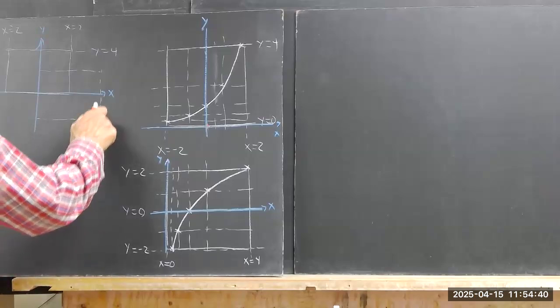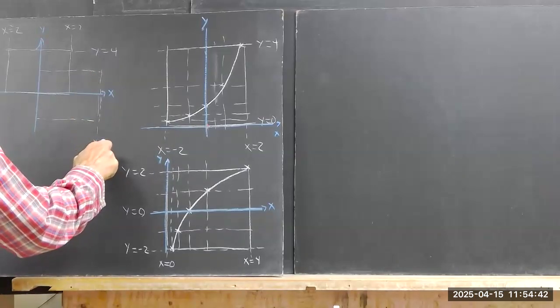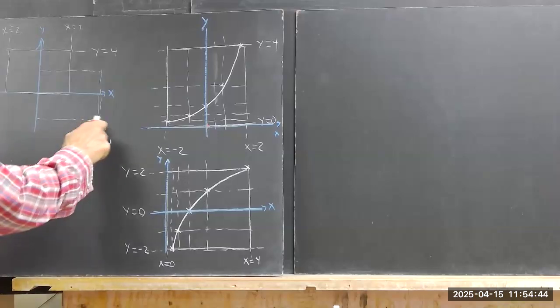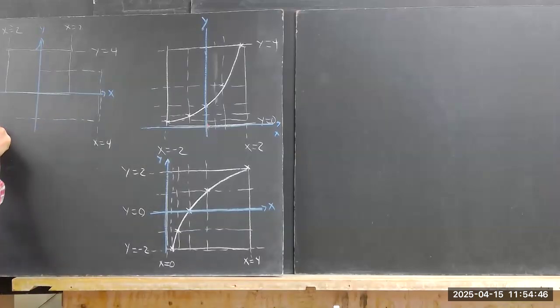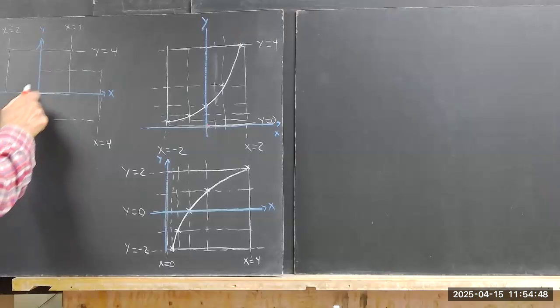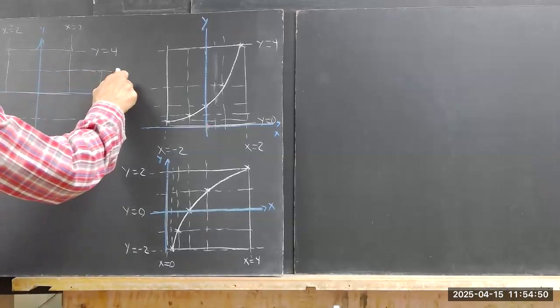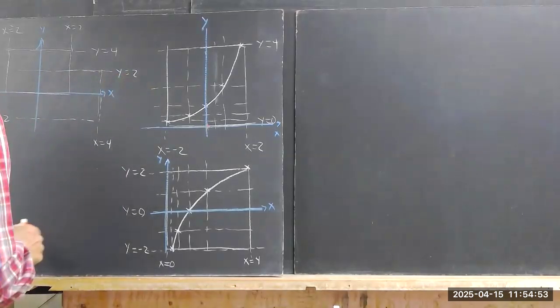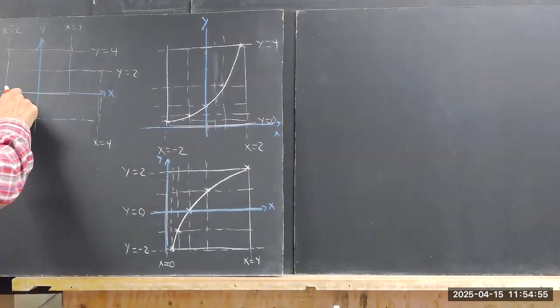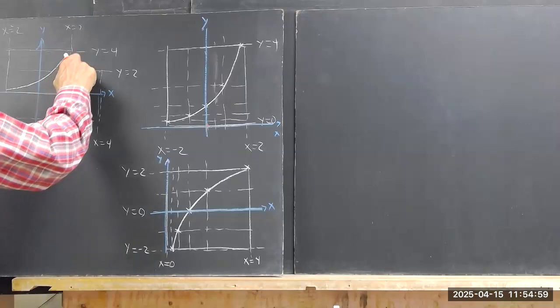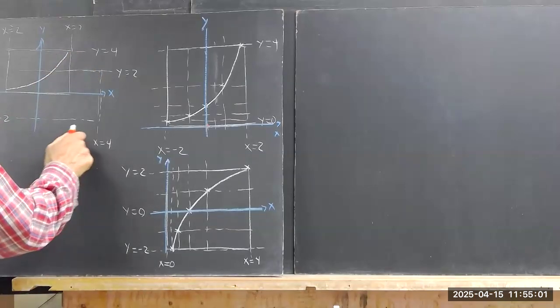And this line is x equals 4. This line is y equals -2. And this line is y equals 2. So the graphs look pretty much like this without doing all the subdivisions.